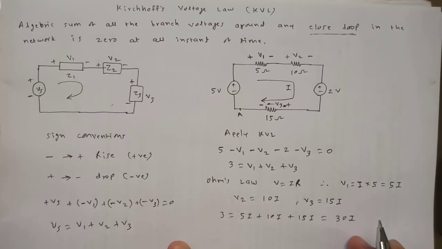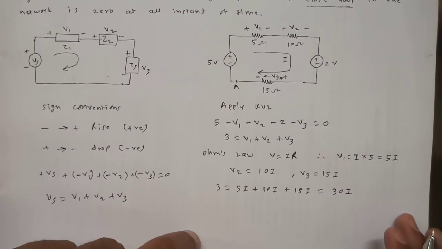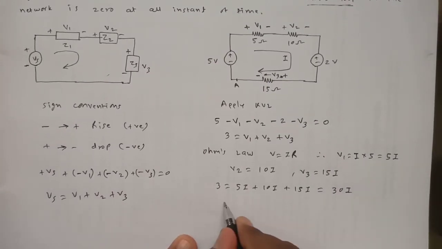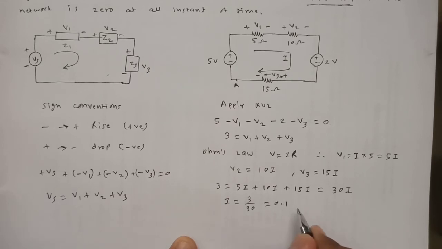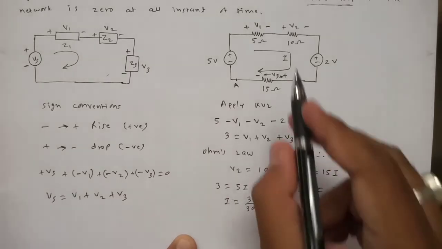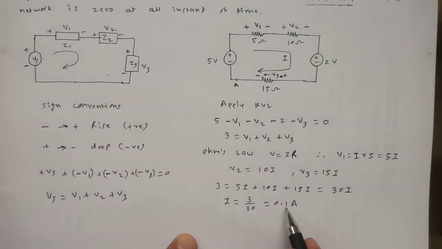Now from this equation, I think all of us can get the value of I. So value of I will become now 3 divided by 30. So it comes to be 0.1 ampere. So the value of the current which is flowing through this loop is 0.1 ampere.